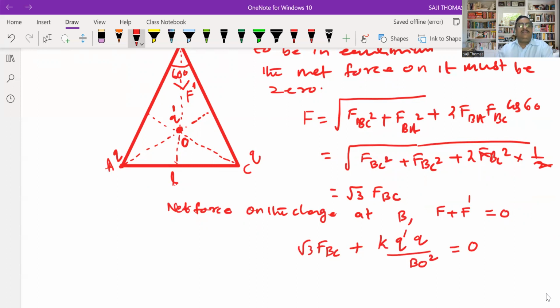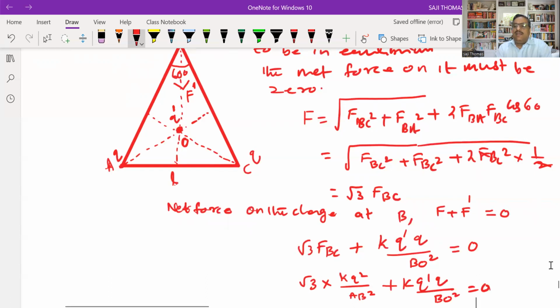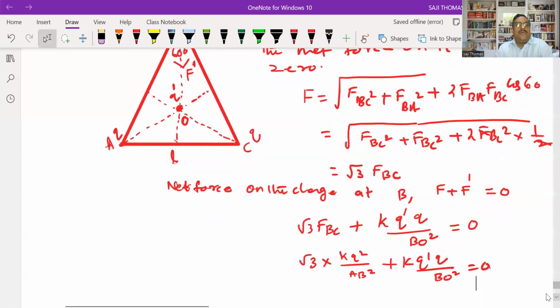Then I write root 3 into the force between B and C, K Q square by AB square, plus K Q dash Q by BO square equals 0. Now AB, the side of the triangle, is given as L. You have to find that BO.